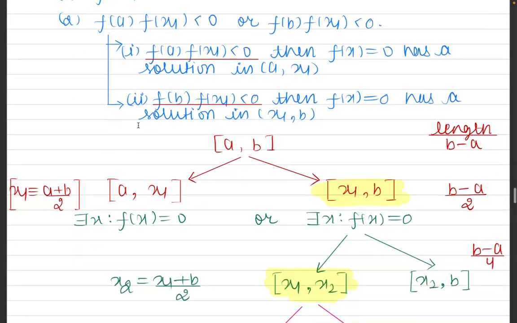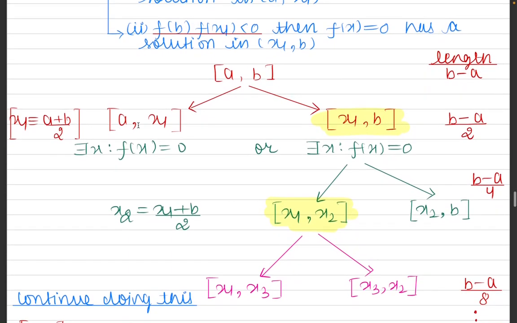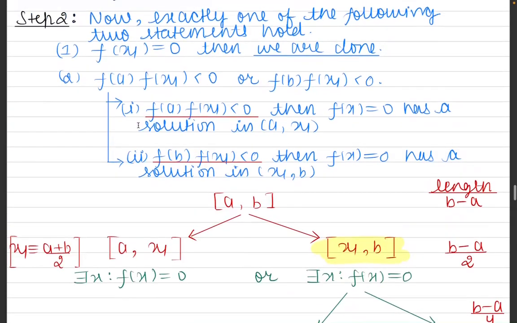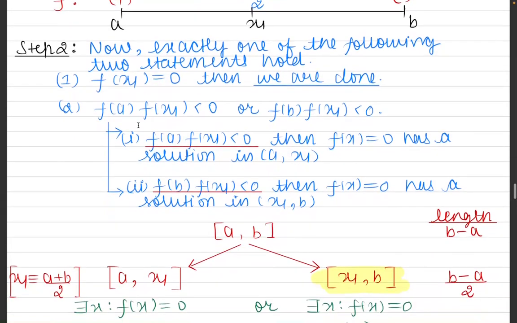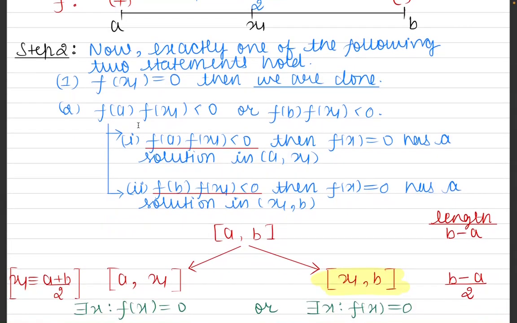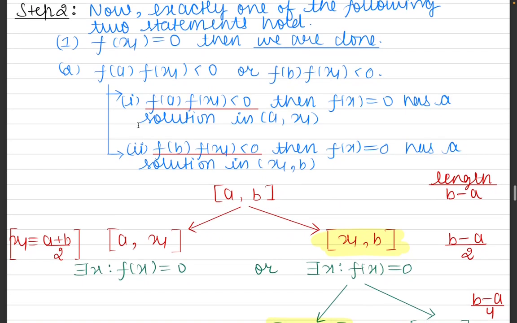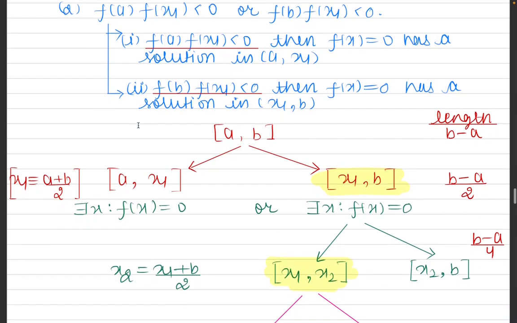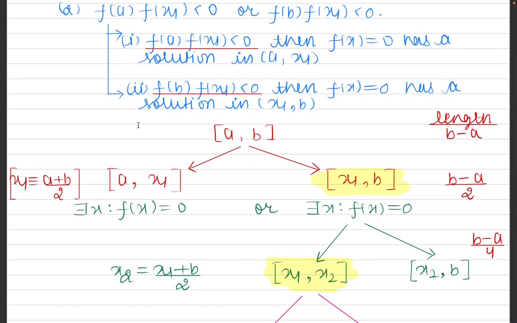So what does it mean? It means that f of a and f of b have opposite signs, right?